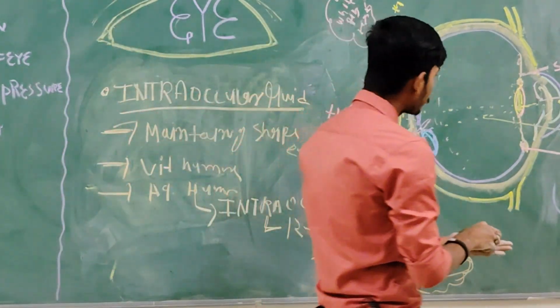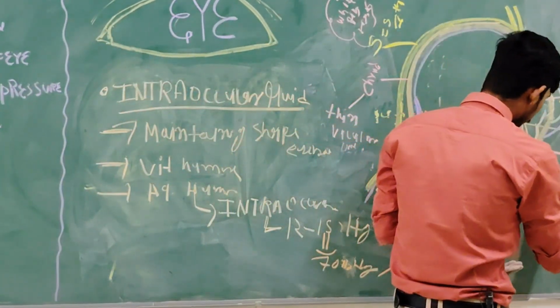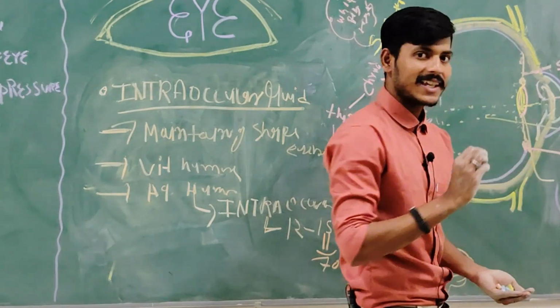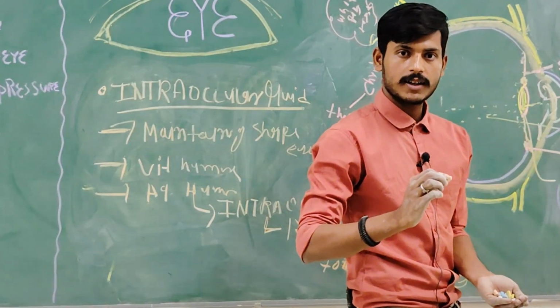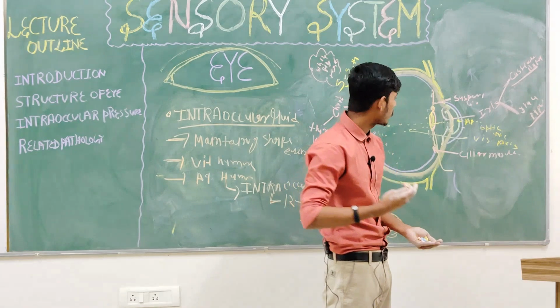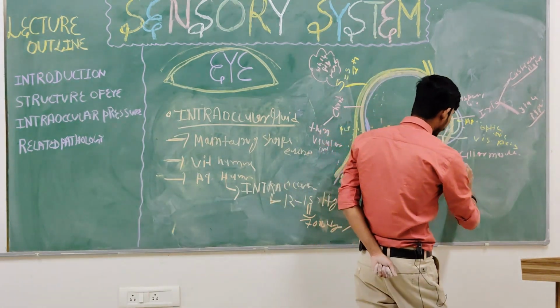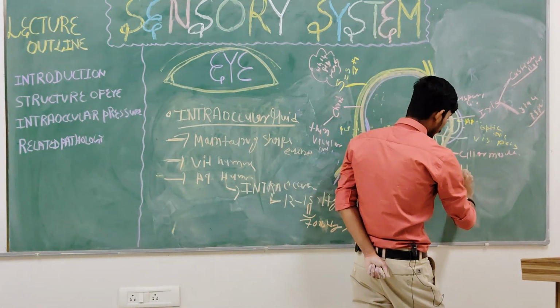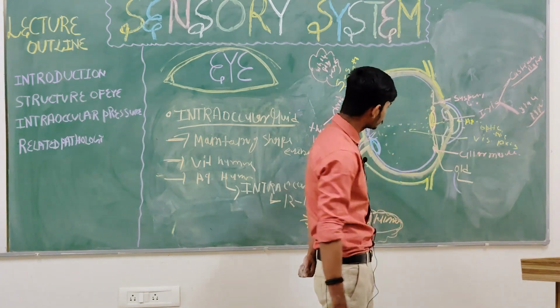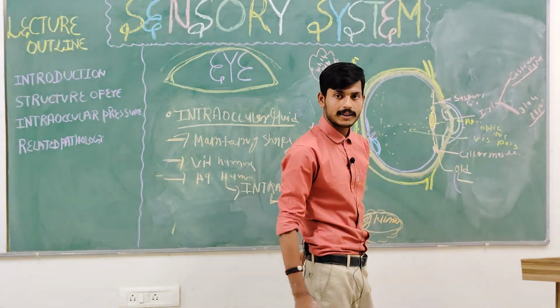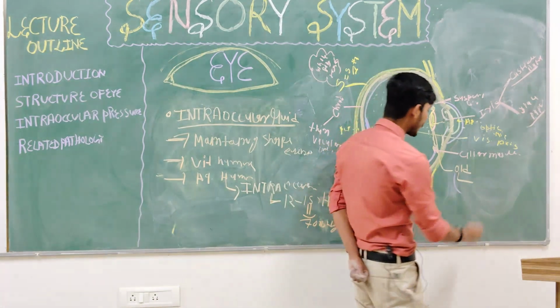About the lens, you should keep one thing in mind: the shape of your lens changes as you grow. So mostly in old age, the lens sometimes becomes opaque. That condition is called cataract.